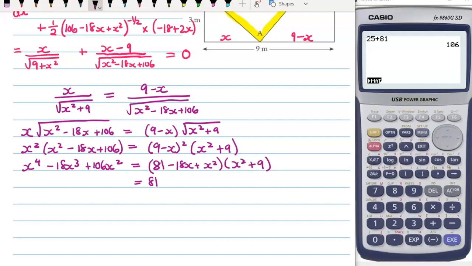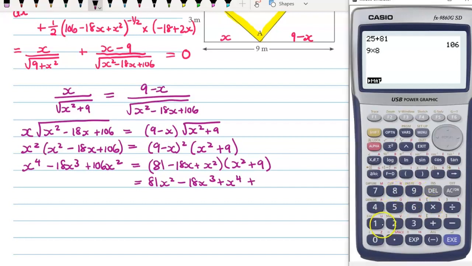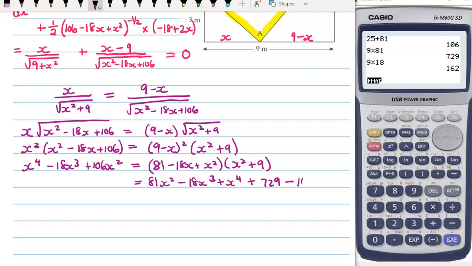So that's 81x squared, 18x cubed, x to the 4 plus 9 times 81 is 729 minus 9 times 18 is going to be 162x plus 9x squared. Now, helpfully, there's some pieces that already cancel out on both sides, so we can cancel the x to the 4s. We've got a minus 18x cubed on both sides. And now we can collect up the quadratic that's left, bringing it over to the left-hand side.